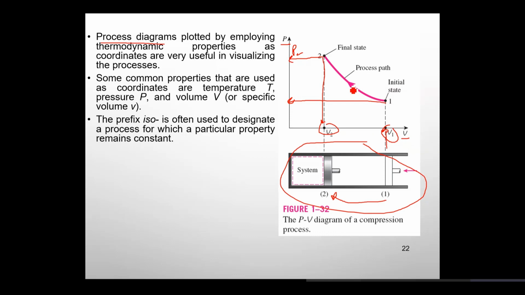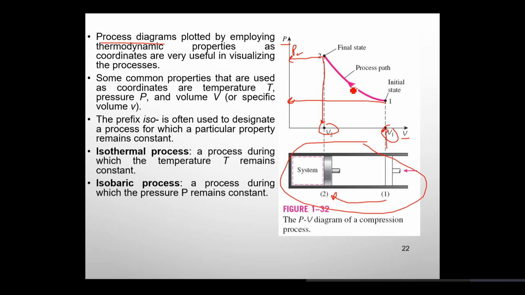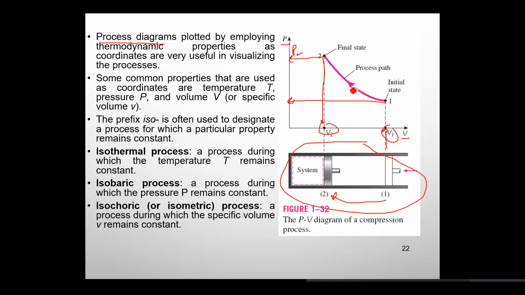What does isothermal mean? That means your system remained at the same temperature throughout the process. That's the isothermal process. That is the kind of interaction you have with the surroundings. Then there is another kind of interaction, which is the isobaric process. What is an isobaric process? And similarly, the isometric or isochoric process where the specific volume remains constant.